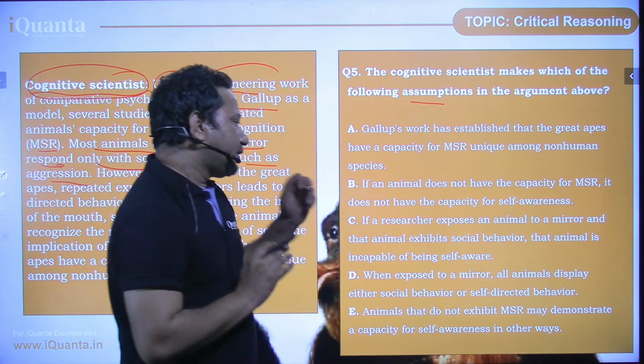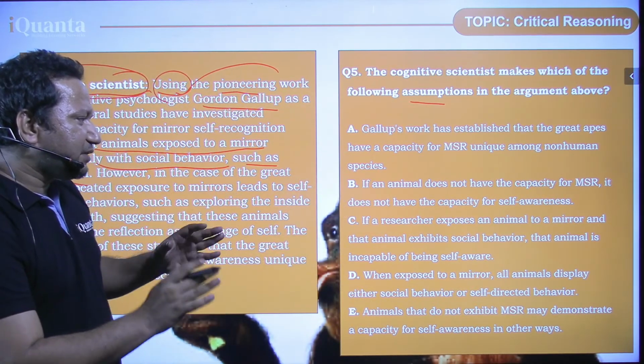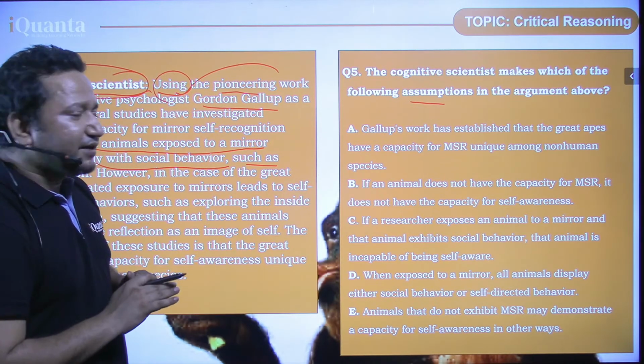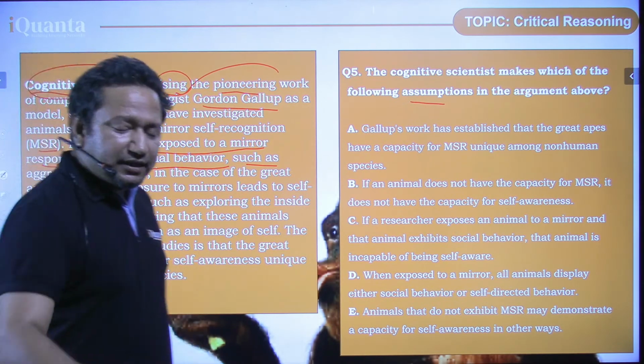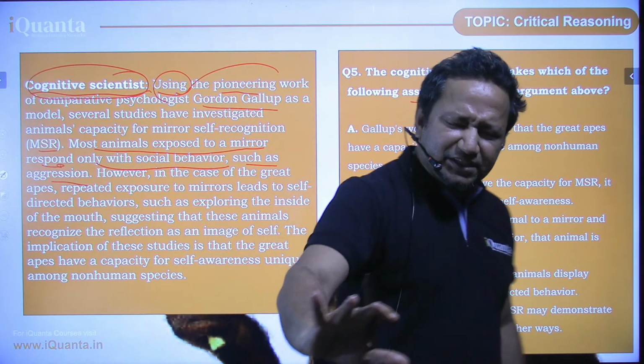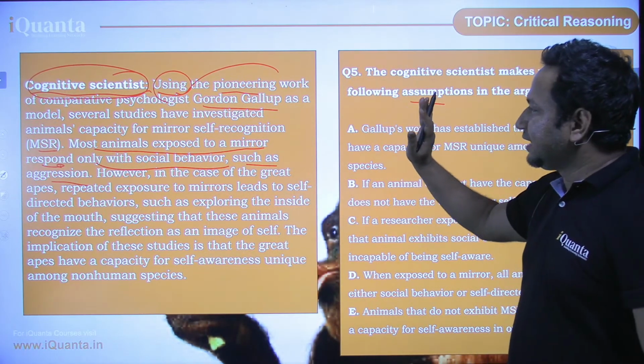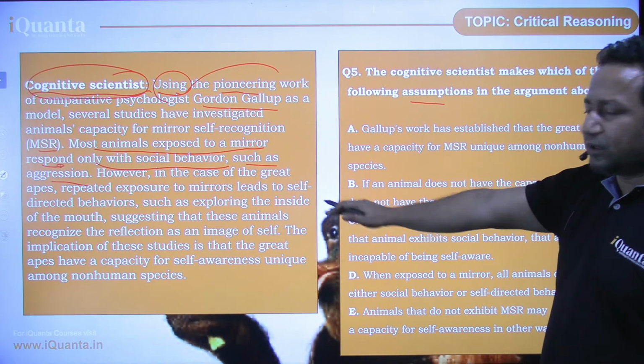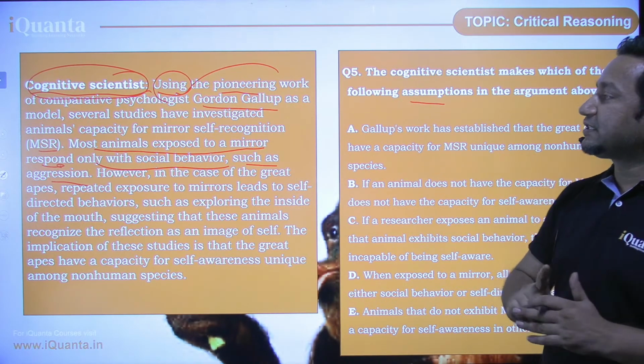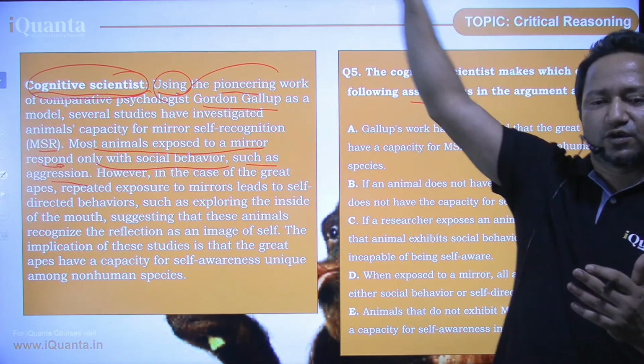Coming to the second one: if an animal does not have the capacity for MSR, it does not have the capacity of self-awareness. See, this passage is not about Gordon's work. This passage is all about self-awareness, which the cognitive scientist is talking about based on Gordon's work, right?